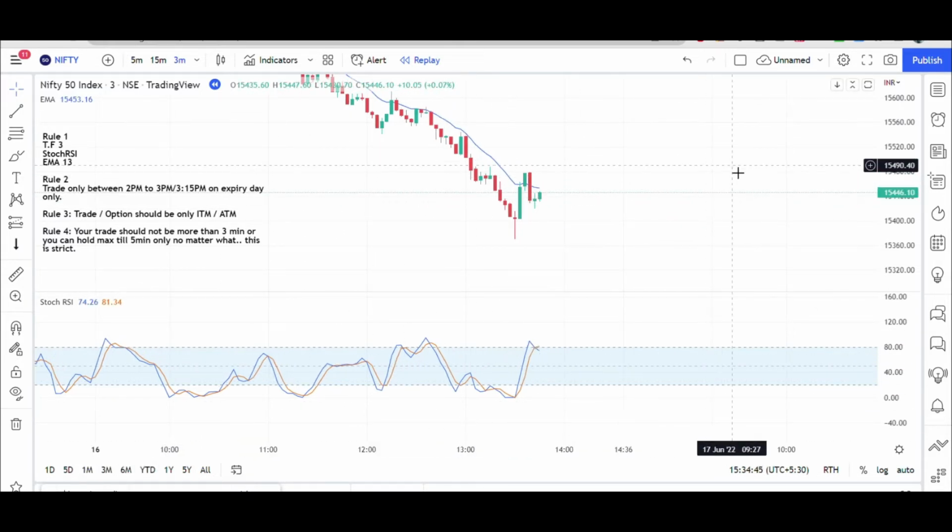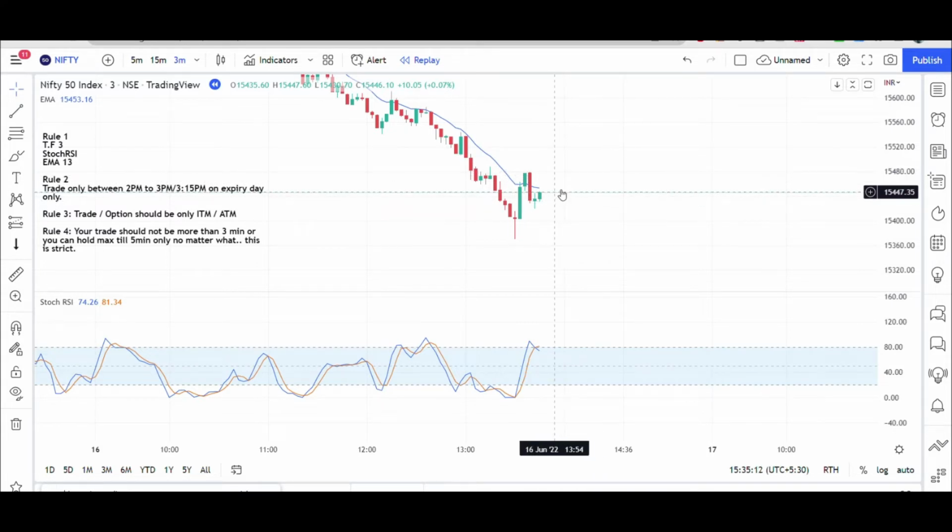Your in the money put option will be 15,500 because price is 15,440. Never go with intermediate strikes like 15,550 or 15,450. Never go in Nifty with such strikes because they are not liquid. Most of the time very few people are trading in those. So here we will go with 15,500.